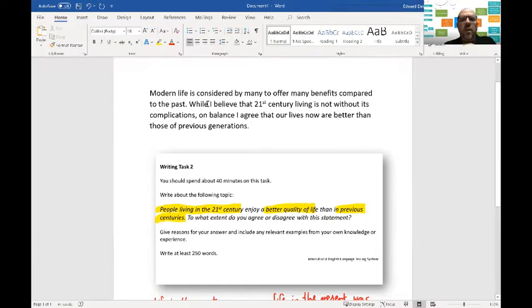Okay, so by using a phrase like I believe, I agree, I'm showing that I'm stating my opinion, and I've put a position there, even though I'm arguing a two-sided essay.